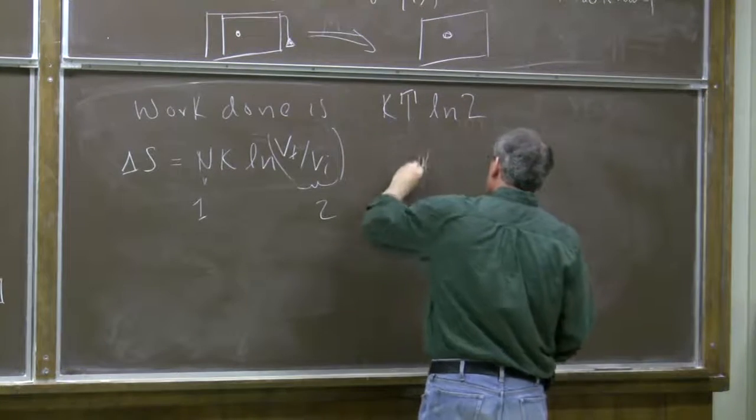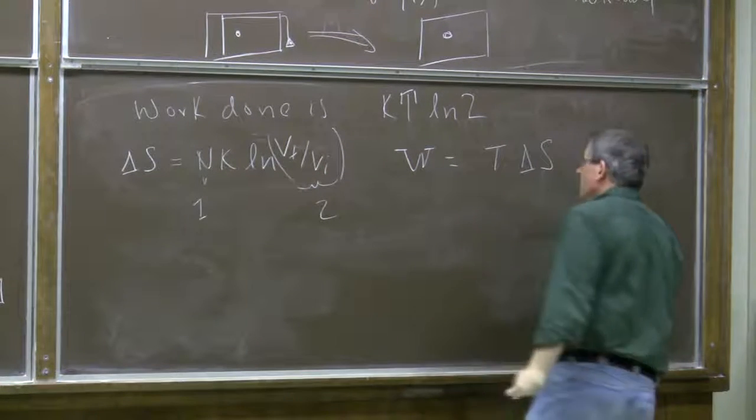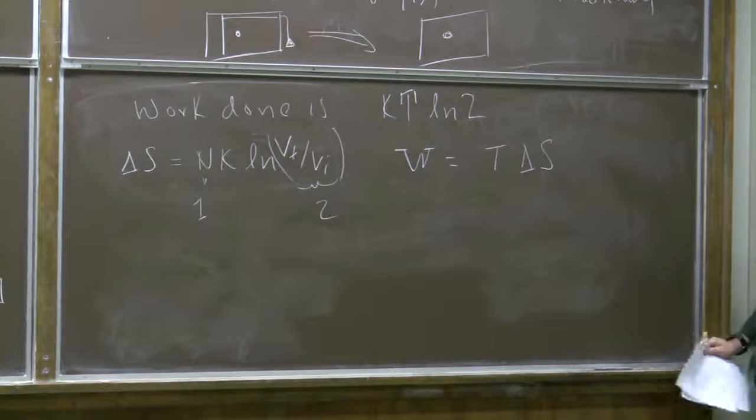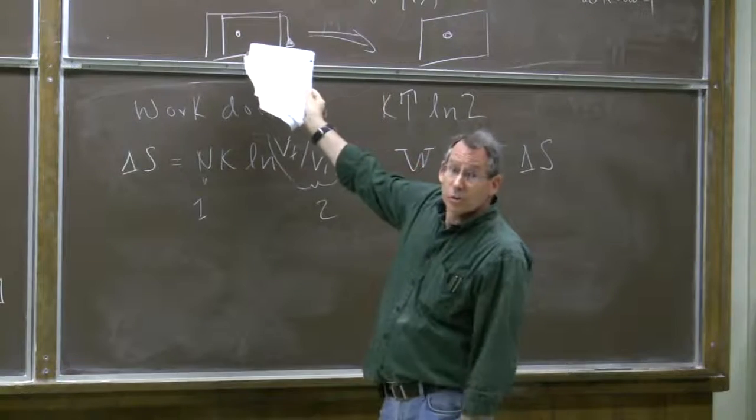The work, according to the first law, is just the temperature times the change in entropy. So there's heat flowing from the reservoir into our one molecule gas, and that heat is doing the work.